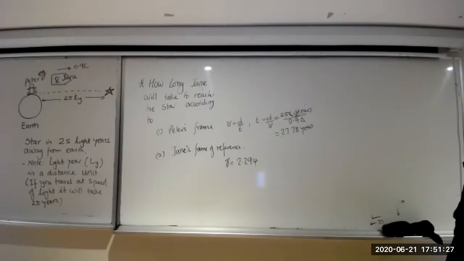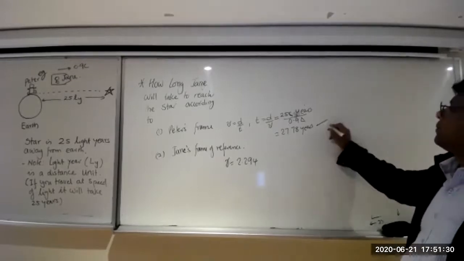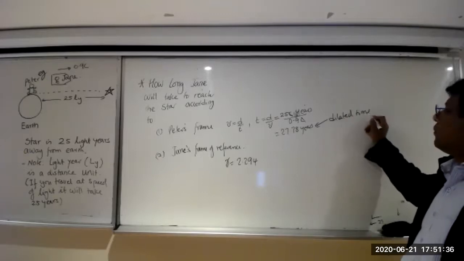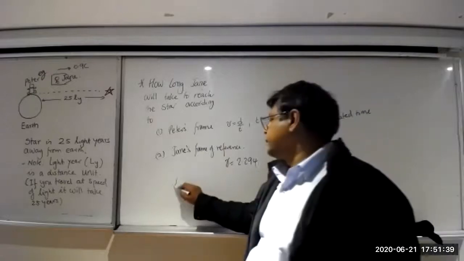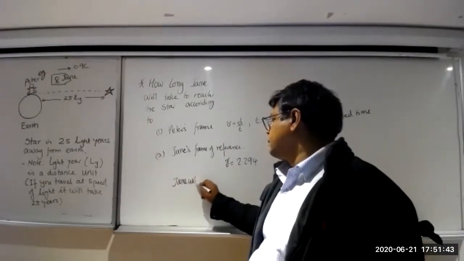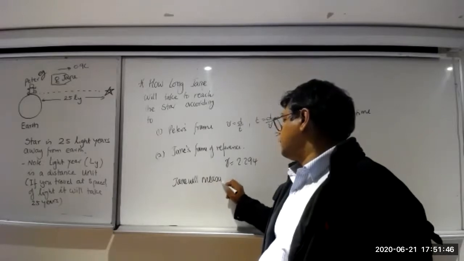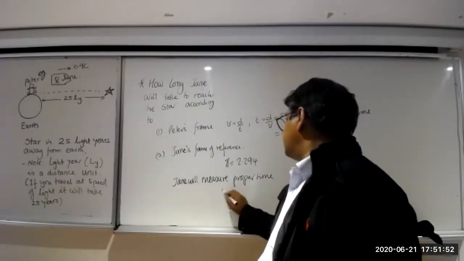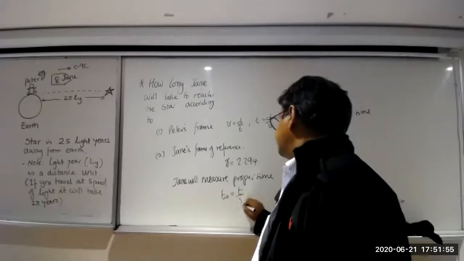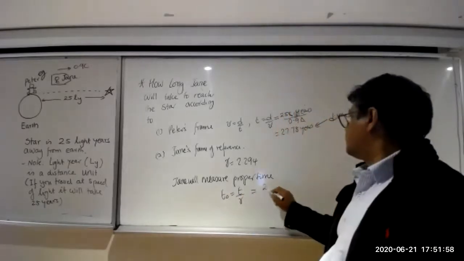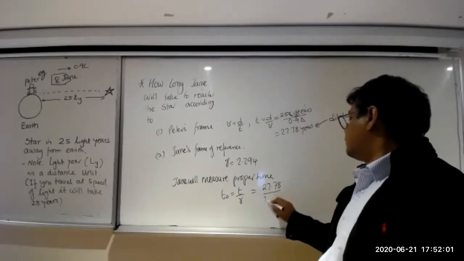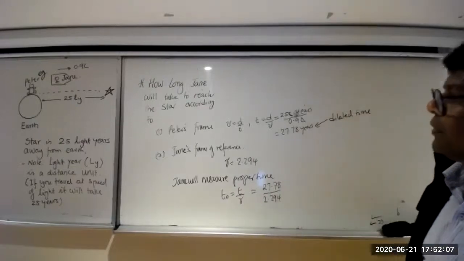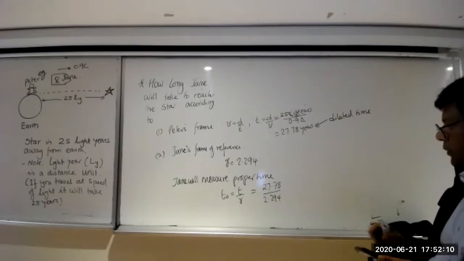Okay, 27.7 years, this is the dilated time. So Jane will measure the proper time, T over gamma. You can do it the other way as well, find the contracted length and then speed equals distance over time. You can do that way as well. You should get the same answer.